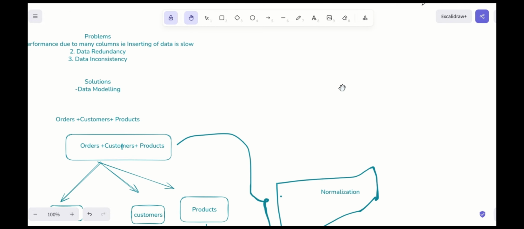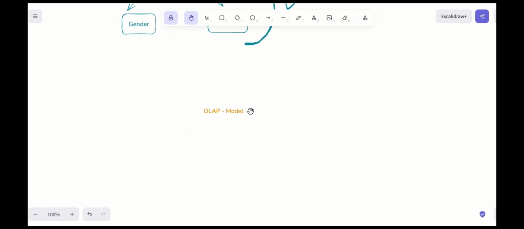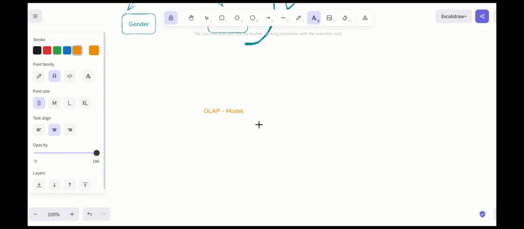So in OLAP, we normally build the data model by doing what we call dimensional modeling. Here we use dimensional modeling to come up with the OLAP model.